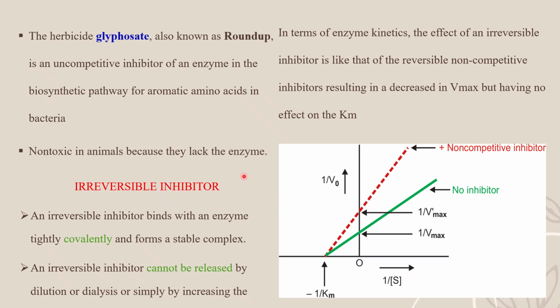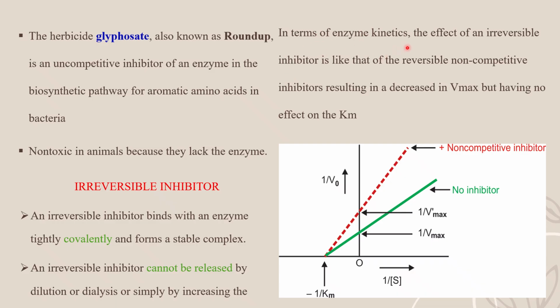Now, an irreversible inhibitor binds with the enzyme tightly and covalently. Earlier you have seen the binding is not through a covalent bond but through non-covalent interactions, and here it forms a stable complex. An irreversible inhibitor cannot be released by dilution or dialysis or simply by increasing the concentration of substrate.